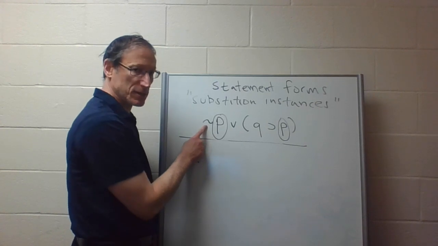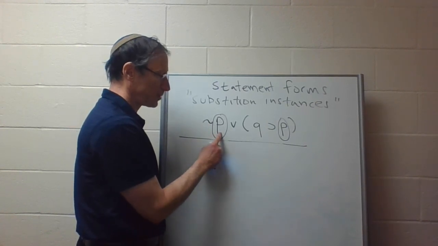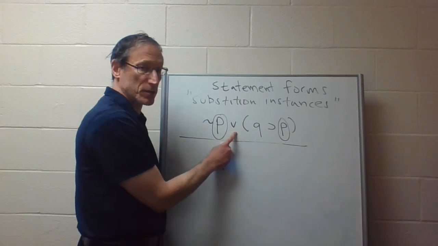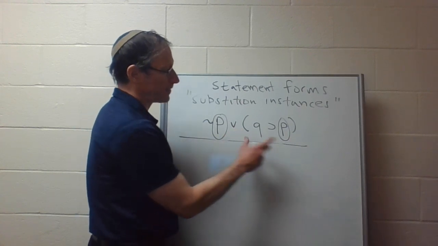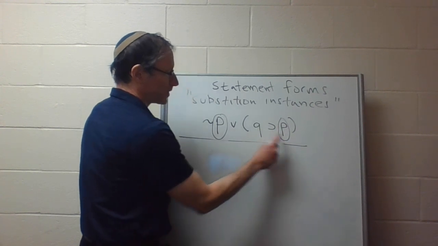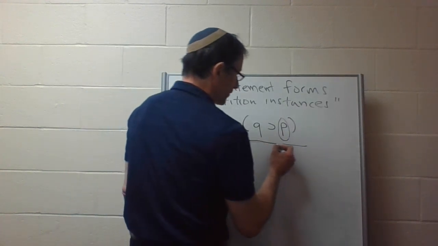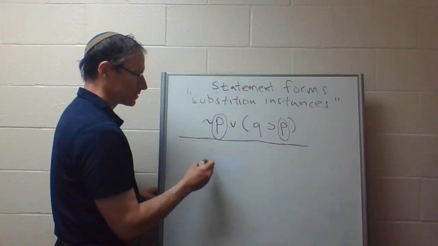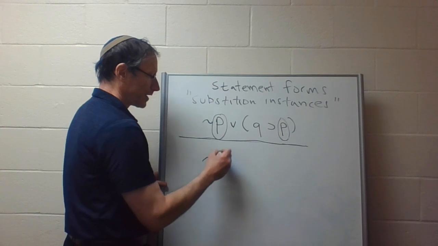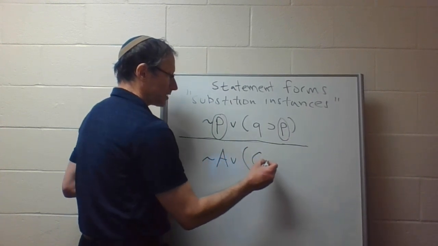There has to be a tilde on the left-hand side, negating whatever P is. The major operator has to be a wedge, and then you have a parenthesis with a Q horseshoe, whatever P was over here. So for example, a very obvious substitution instance of this would be not A wedge parenthesis C horseshoe.